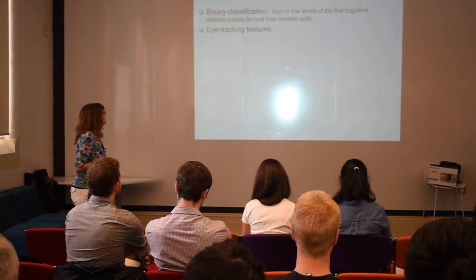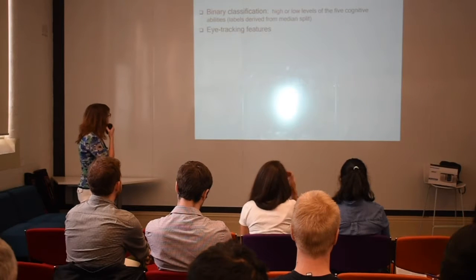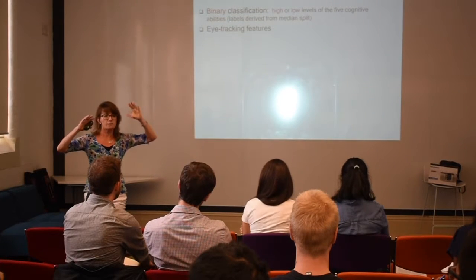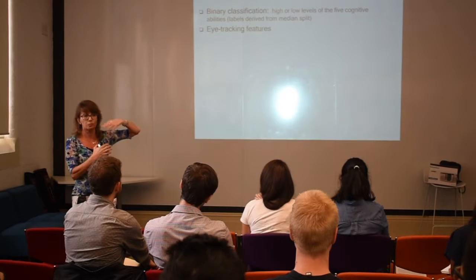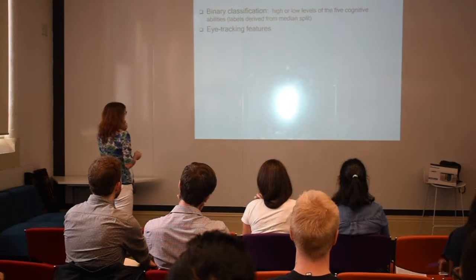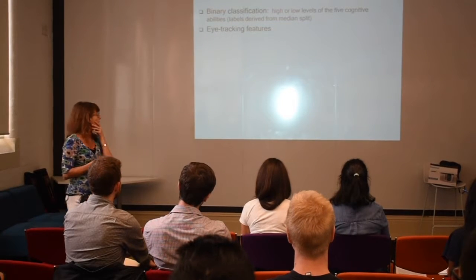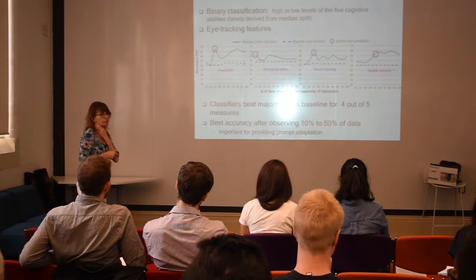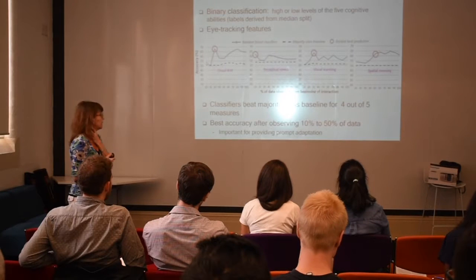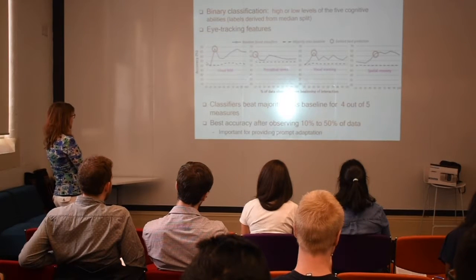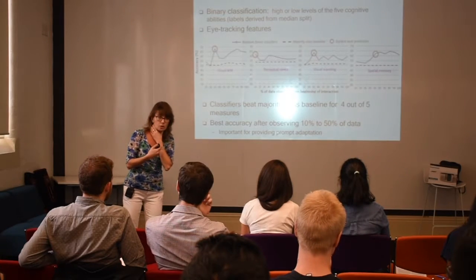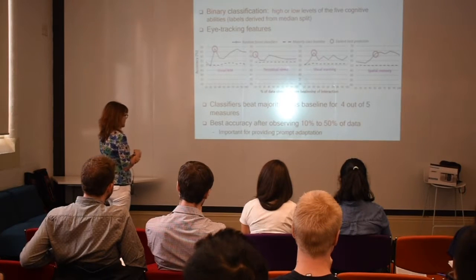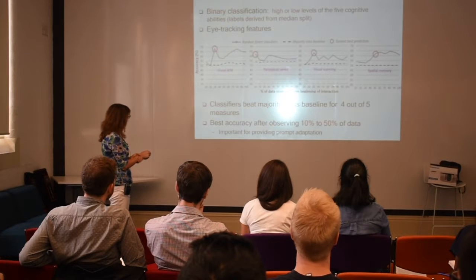And again, the details of the machine learning are in this paper, but essentially, as before, we split users in high and low levels of all the 5 abilities that were found to be relevant using median split, used eye tracking features to build the classifiers, and again, for 4 out of the 5 abilities that we wanted to track, except for verbal working memory, the classifiers had higher accuracy than the majority class baseline.